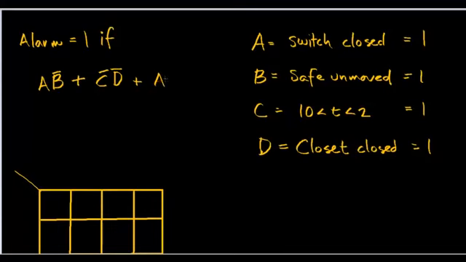When the closet is opened, that would be not D, and the control switch is opened, so that would be not A. Okay, so that is our sum of products.